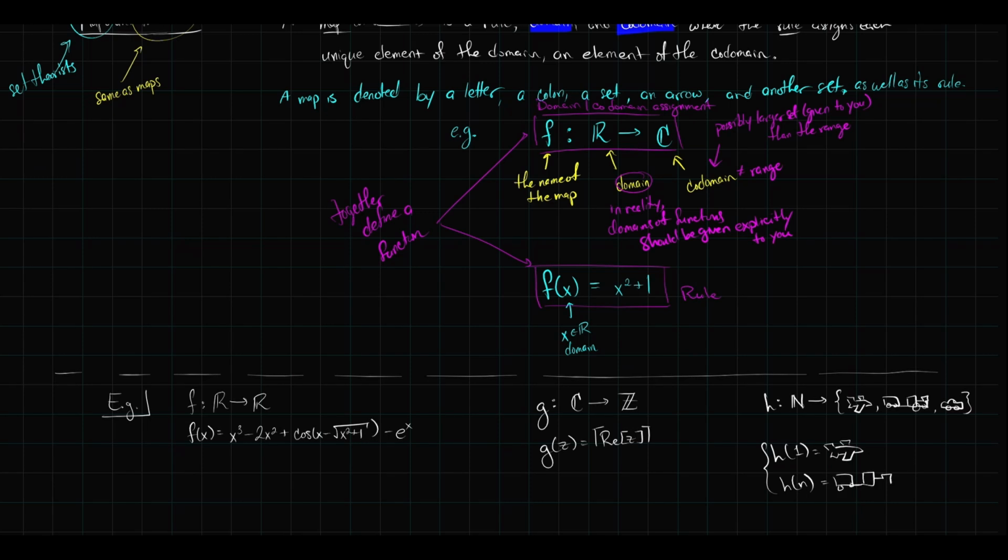Once again, I realize this is a little bit of a contrived example, but there's a nice little piecewise function for you where you have planes and trains as your output. So there's just examples of functions, right?